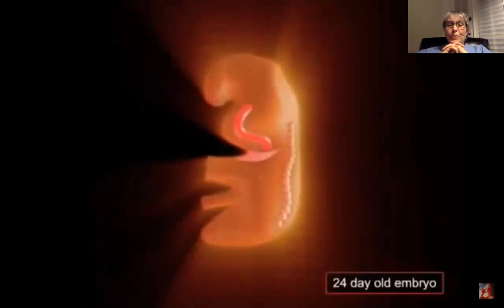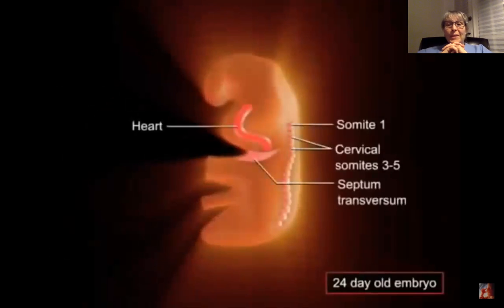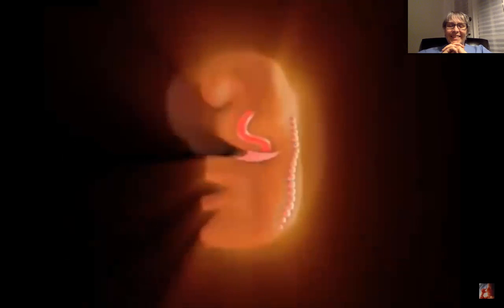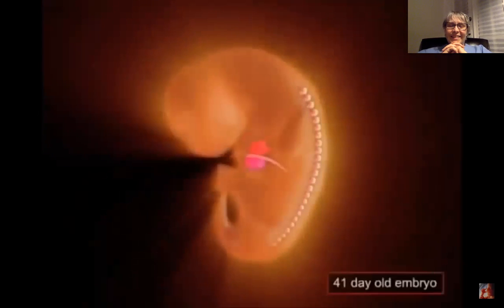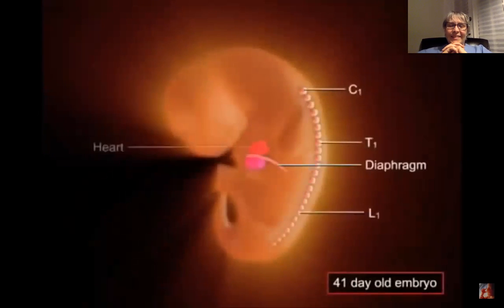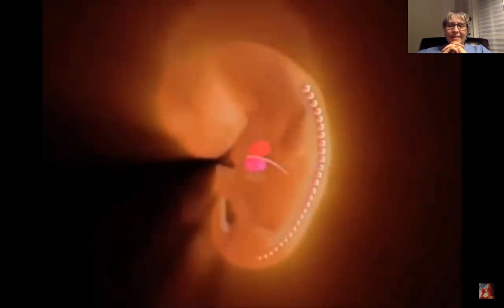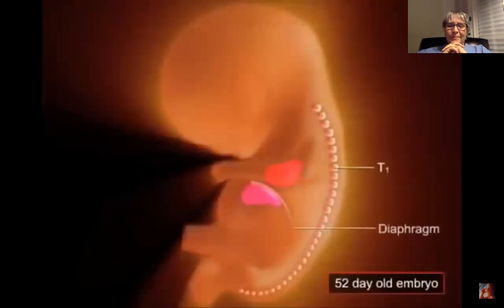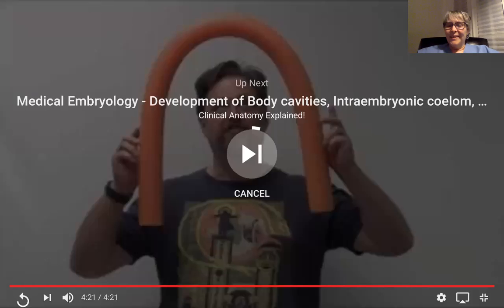And what explains why C3, 4, and 5 keep your diaphragm alive. It's the descent of the diaphragm. And there we go. So I'll be back in a bit.